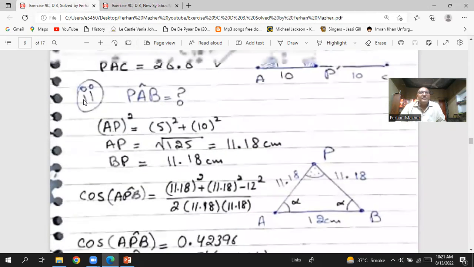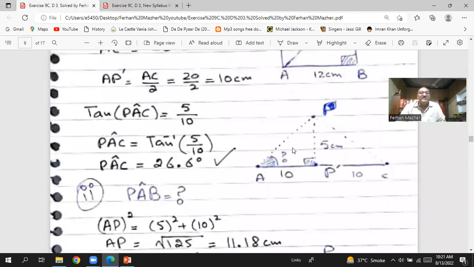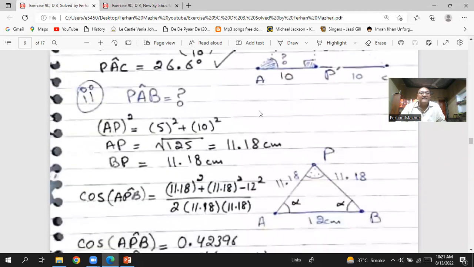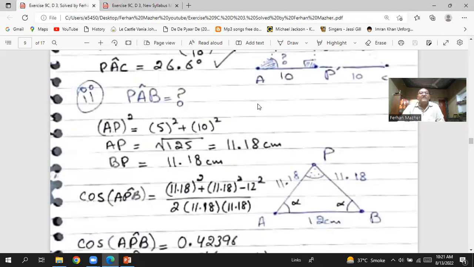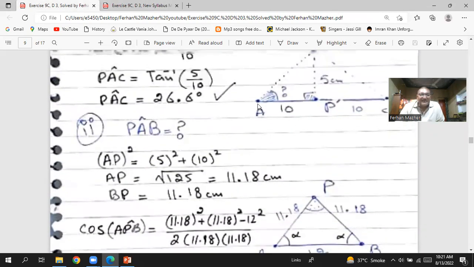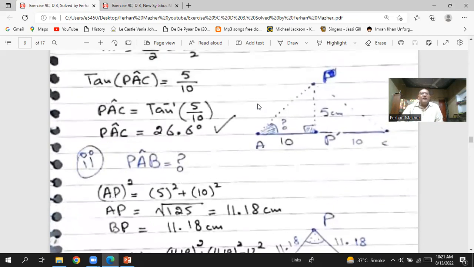Okay, so the PAB angle, first of all, by using this triangle, I will find out the AP side. So the AP, apply Pythagoras here. So you will have 5 square plus, let me show you. AP whole square will be equals to 5 square plus 10 square. So AP will be equals to under root of the 125, and that will be 11.18 centimeter. BP will be also same.